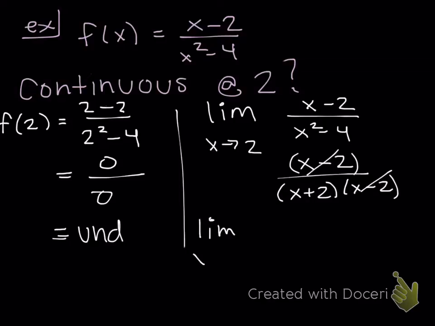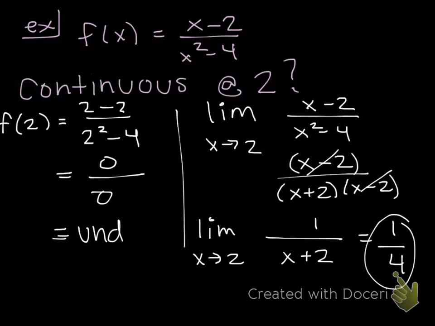Now I have the limit as x goes to 2 of 1 over x plus 2. When I plug 2 in, I get 1 over 4. So the limit is a fourth. F of 2 is undefined. So again, this proves that it is not going to be continuous. This would be an example of an interruption.